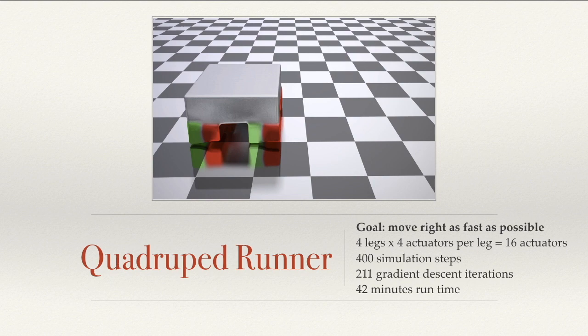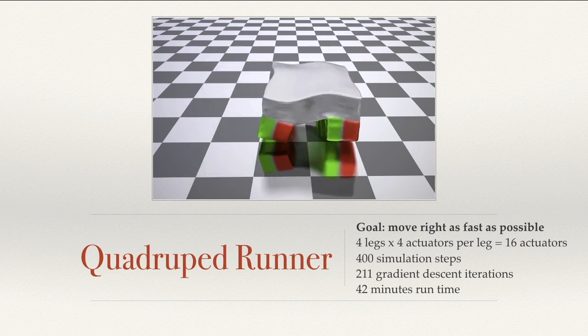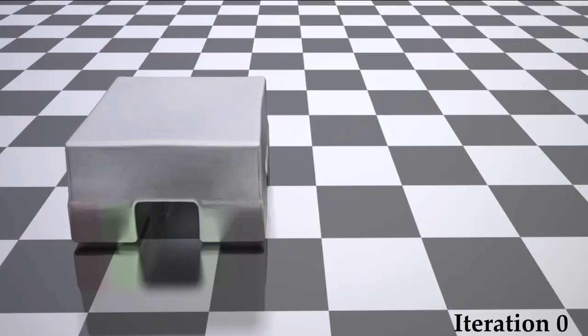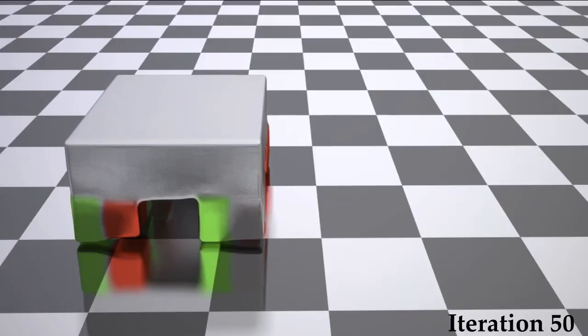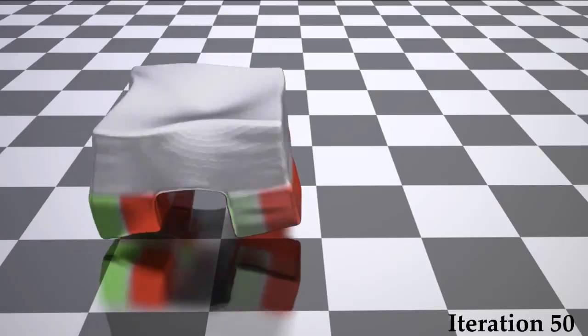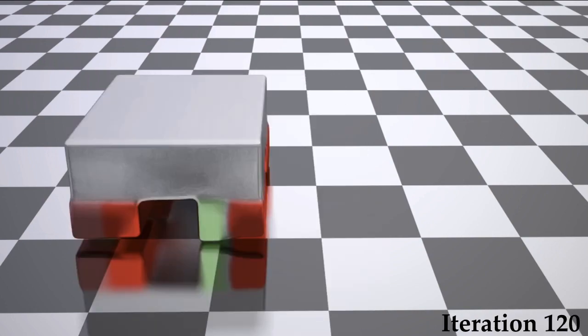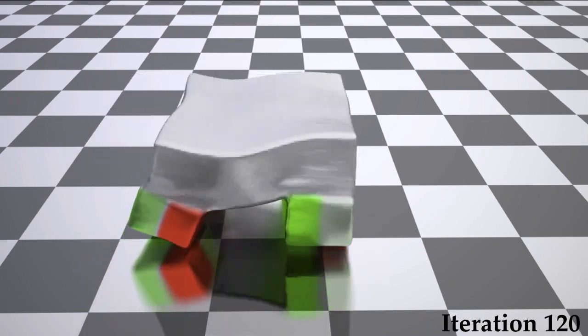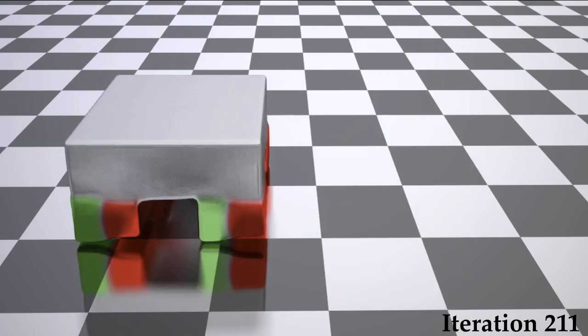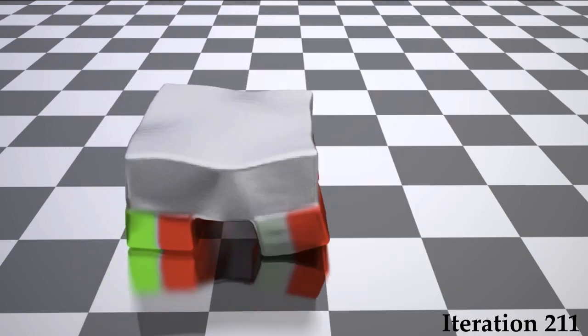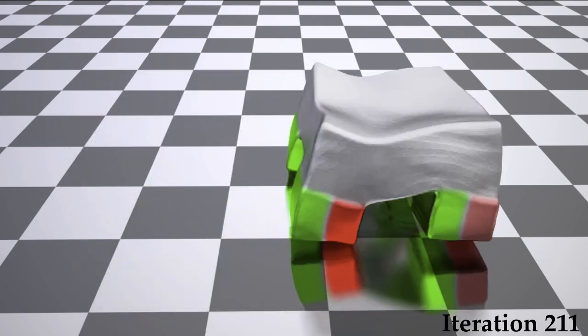This is a 3D quadruped runner example, and it has 4 legs and 16 actuators. The same thing: iteration 0, 50 iterations, and then 120. Finally, 200 iterations. You can see this cute robot jumping to the right.